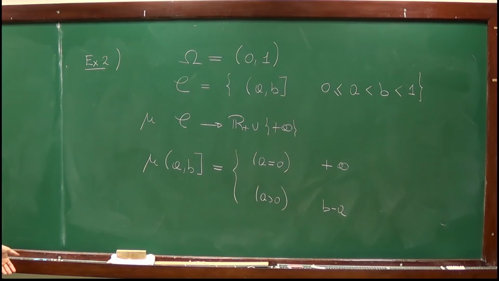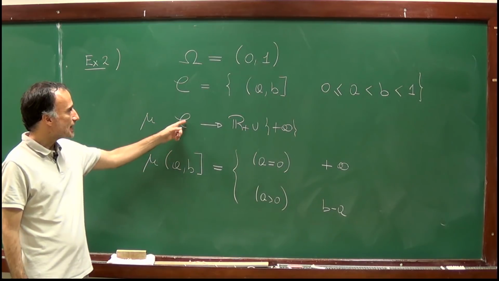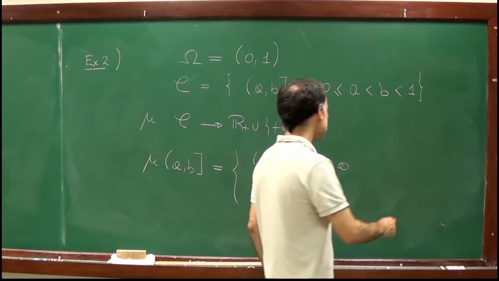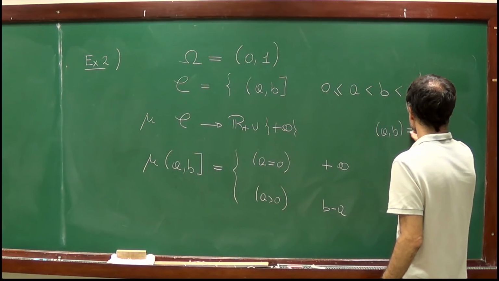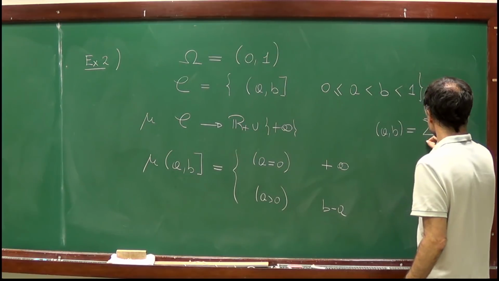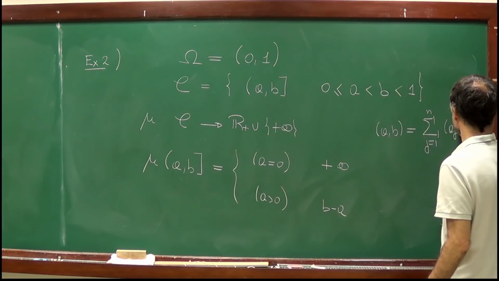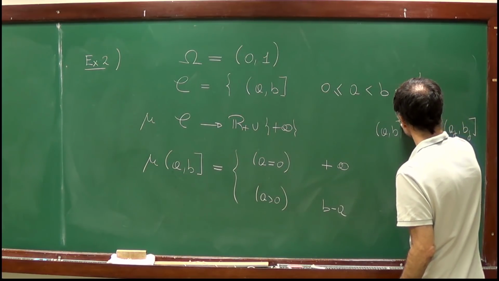So I leave it to you to check that this function mu is additive on C. If you can write (a,b] as a finite union of (a_j,b_j], sorry, it's closed on the right.